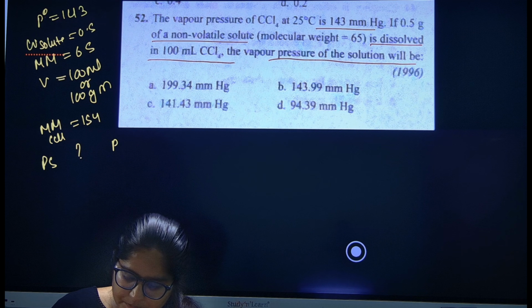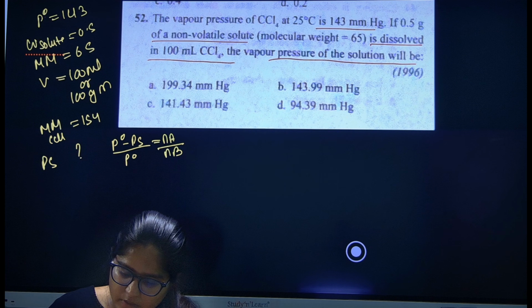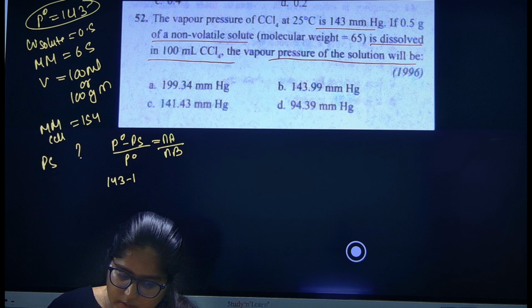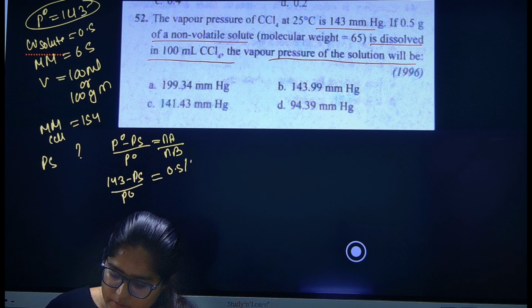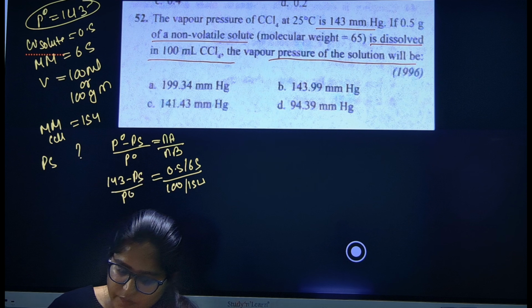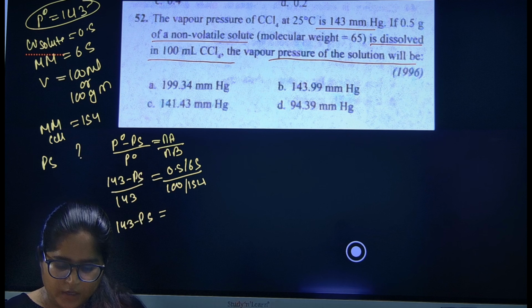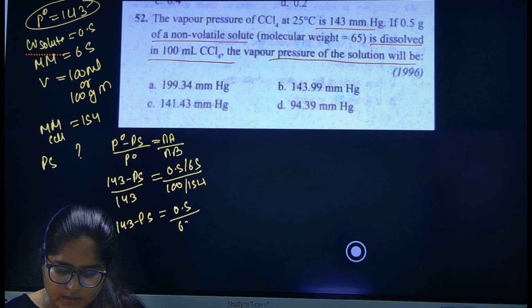So we know that P naught minus Ps by P naught will be equal to Na by Nb. P naught is given as 143. So 143 minus Ps by 143 will be equal to moles, given mass by molar mass, 0.5 by 65, divided by solvent 100 by CCl4 154. So from here we will get 143 minus Ps equal to 0.5 by 65 into 154 by 100, with the 143 going to this side.